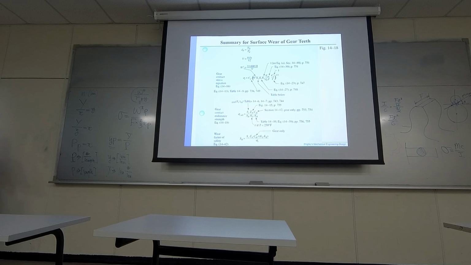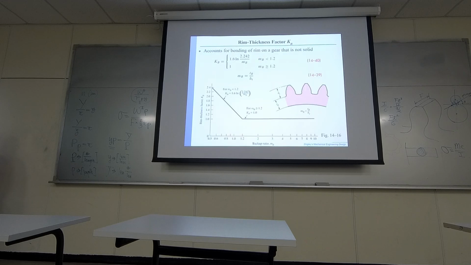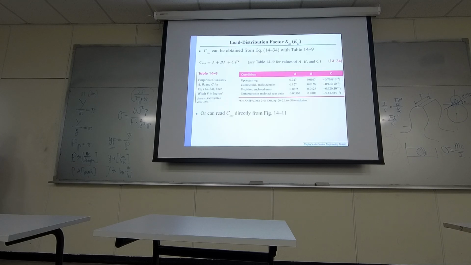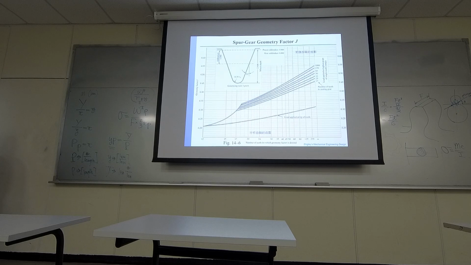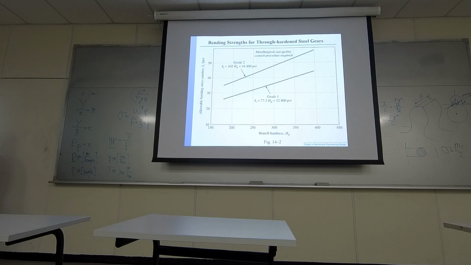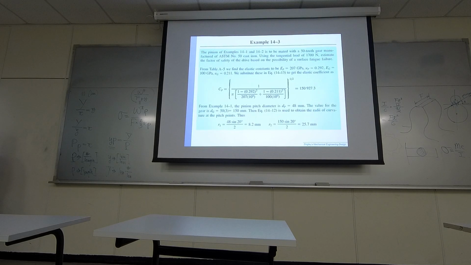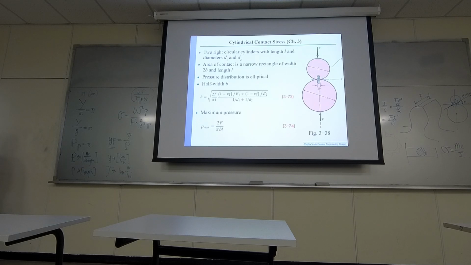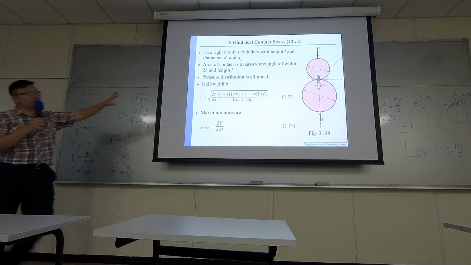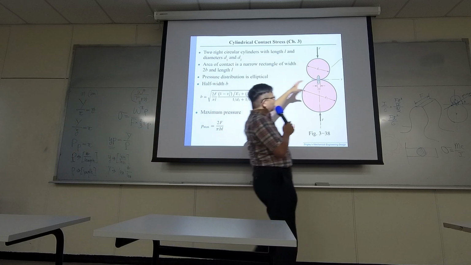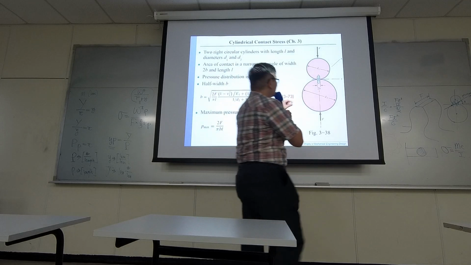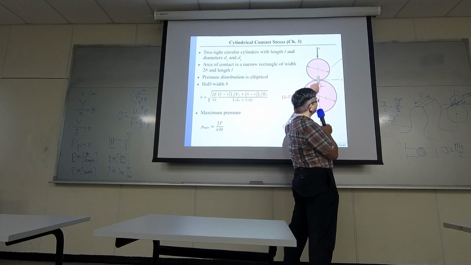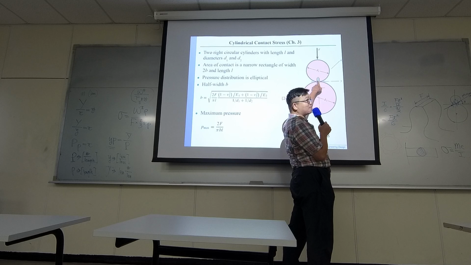The other one is surface wear, because we have strong stress concentrated right at the surface. So two objects in contact with each other with high pressure, actually there is greater stress concentration right at the surface.